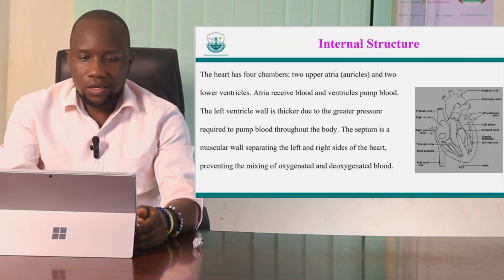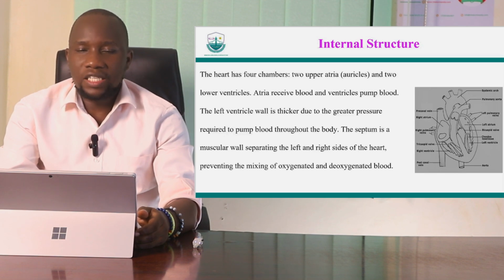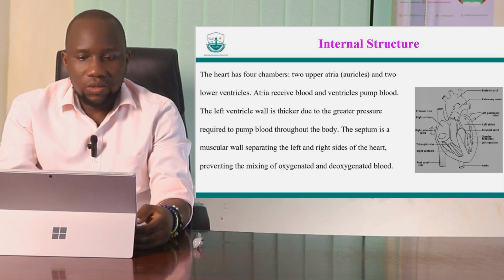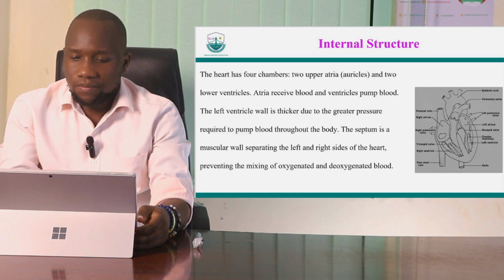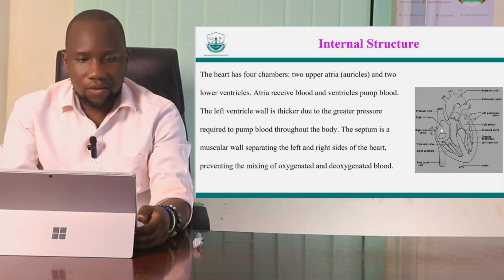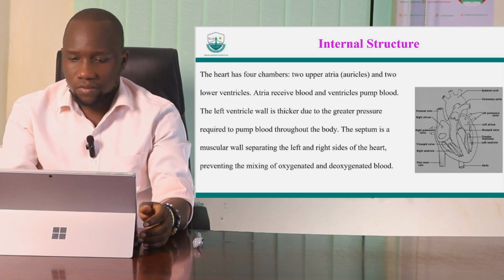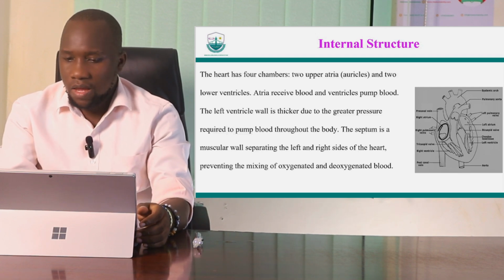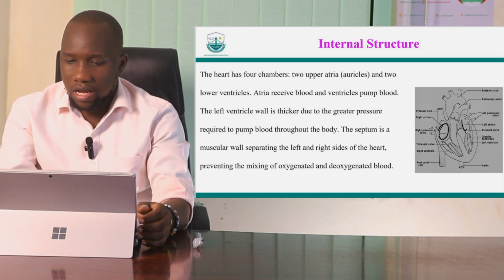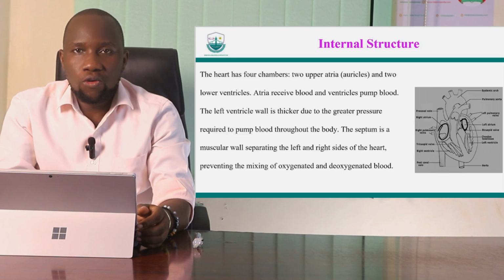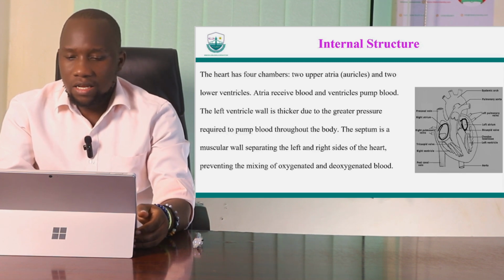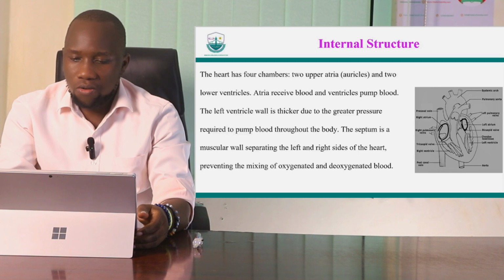So if you look internally into the heart, you will find that we have four chambers, two upper chambers that are called the atria. This one here, the atria here, and then another one here. Atria is the plural of atrium, and you can also call this the auricle.